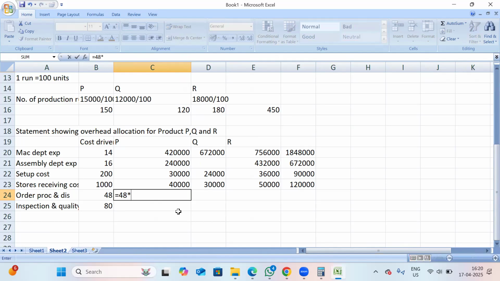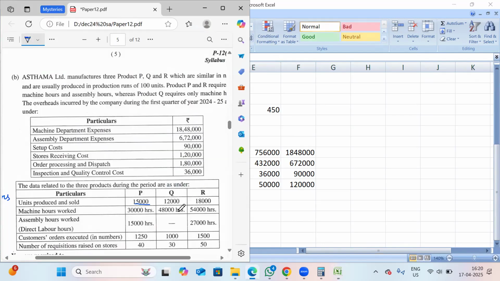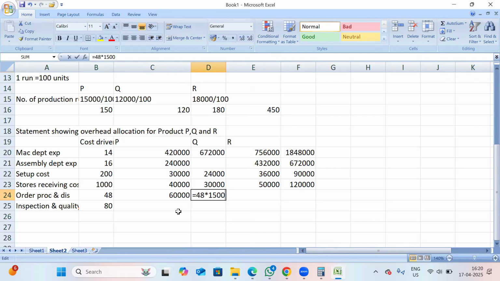So 48 into 1,250, 48 into 1,000, 48 into 1,500. Then inspection, which is also based on production runs.